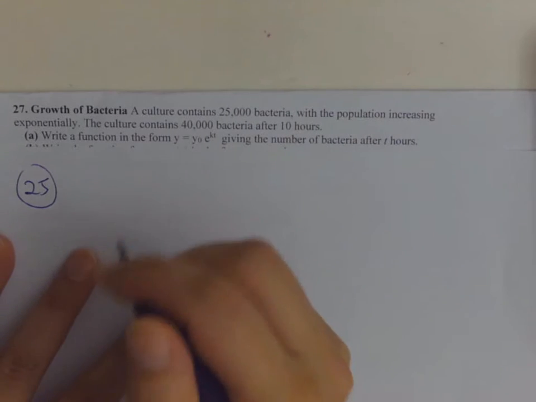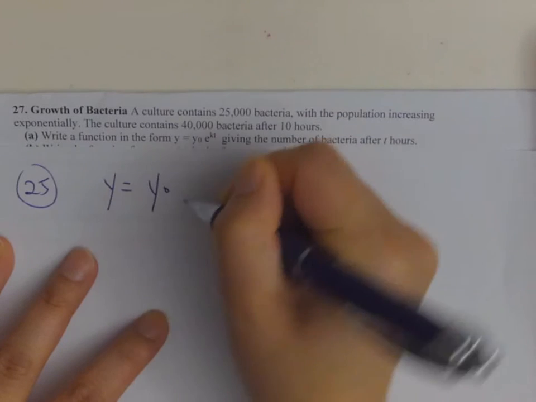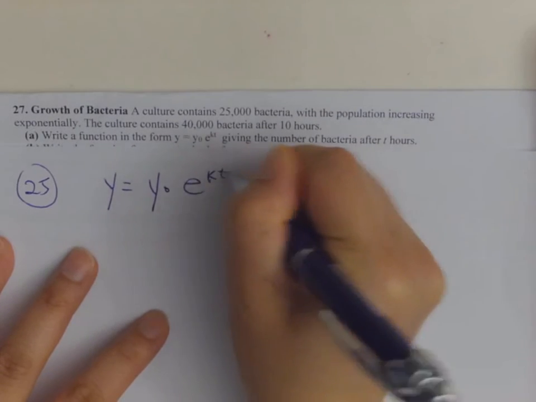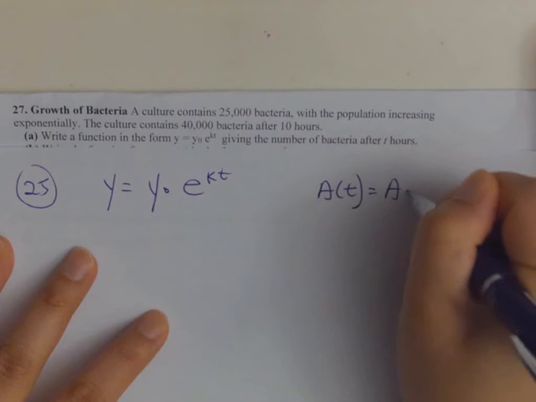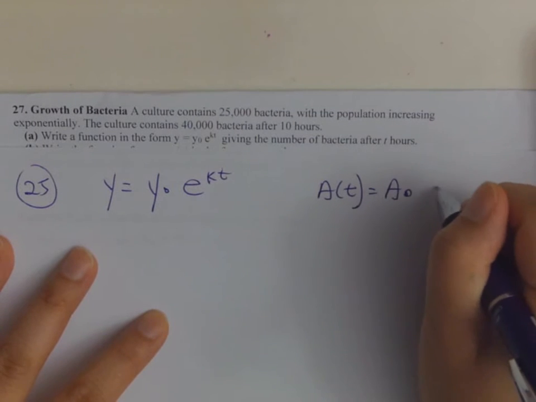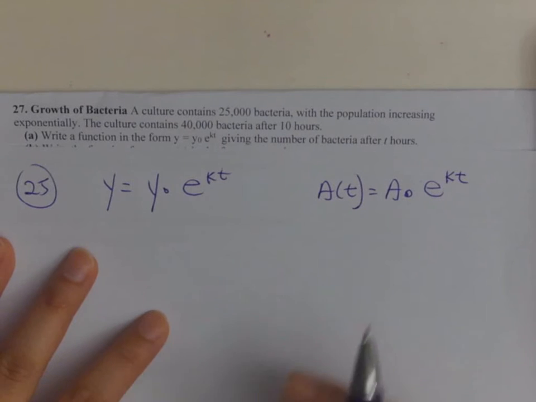Okay, so let me write down what your book has. Your book has y equal to y0 e^(kt), right? So it means the amount over time equals the original amount, e raised to the rate times t, right? So same thing.